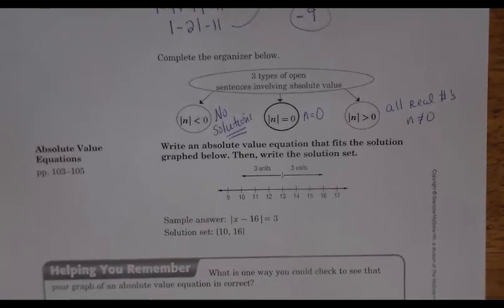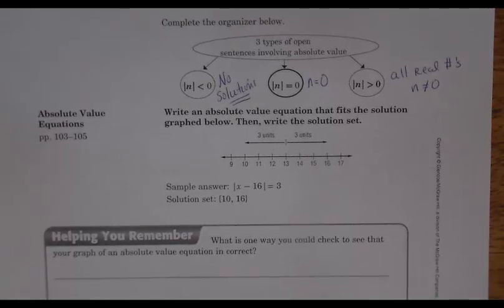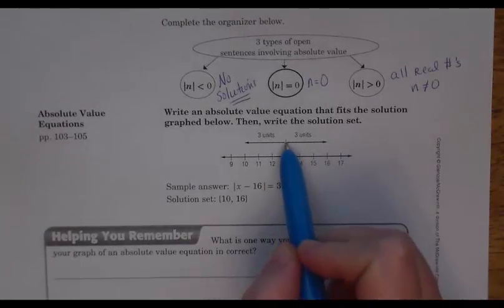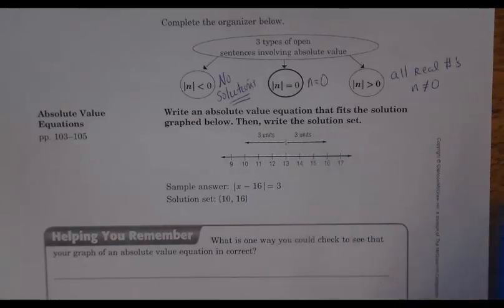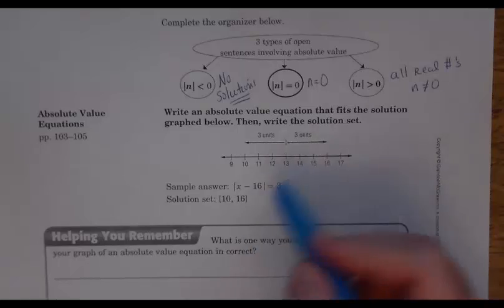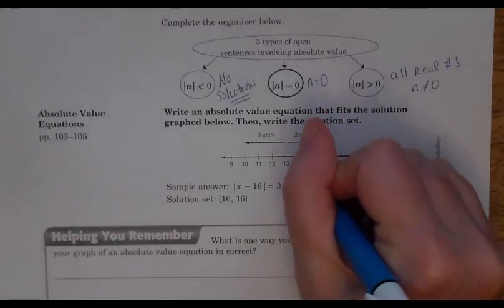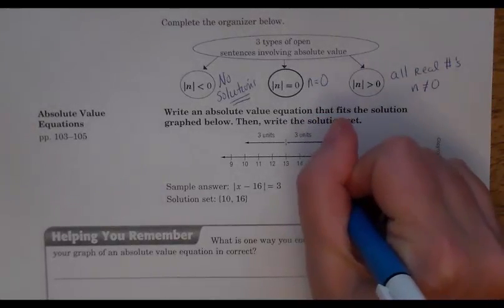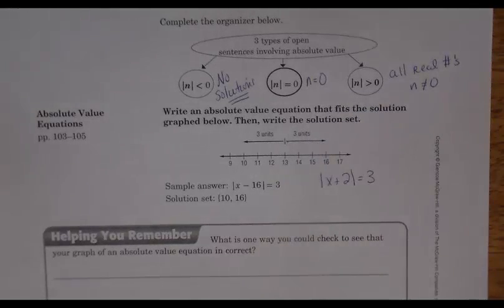Alright, we have an absolute value equation. We want it to fit the solution. So we want some absolute value to be 3 units away. So they give us a sample one. We can write anything we want. I can just say the absolute value of x plus 2 is equal to 3.